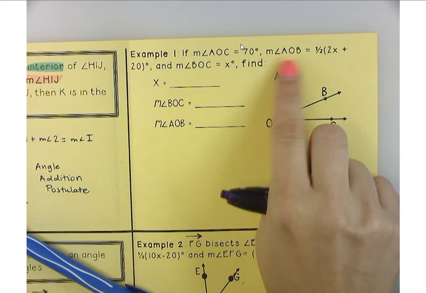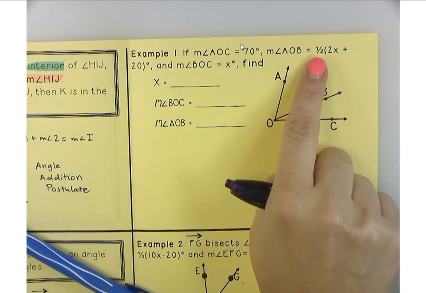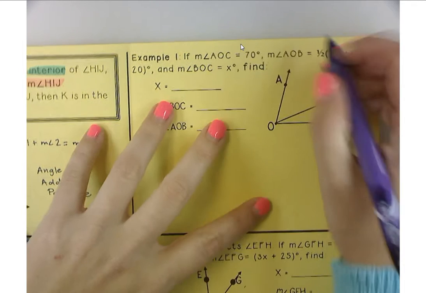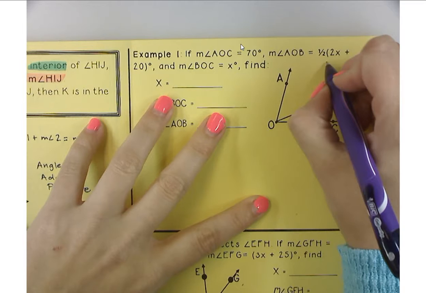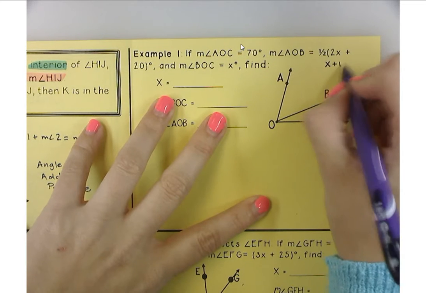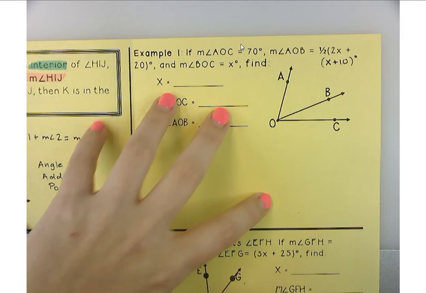We've looked at quite a few where we have to use what property? Distributive, to simplify. So we're going to distribute the 1/2 and rewrite that. 1/2 times 2x is x. 1/2 times 20 is 10. So this would just be x plus 10 degrees.